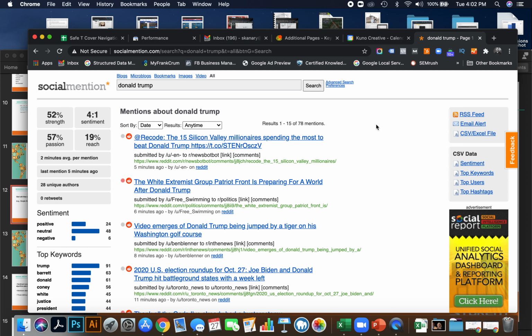There's a 4-to-1 sentiment, 4 positive to every 1 negative post and mentions about Donald Trump.